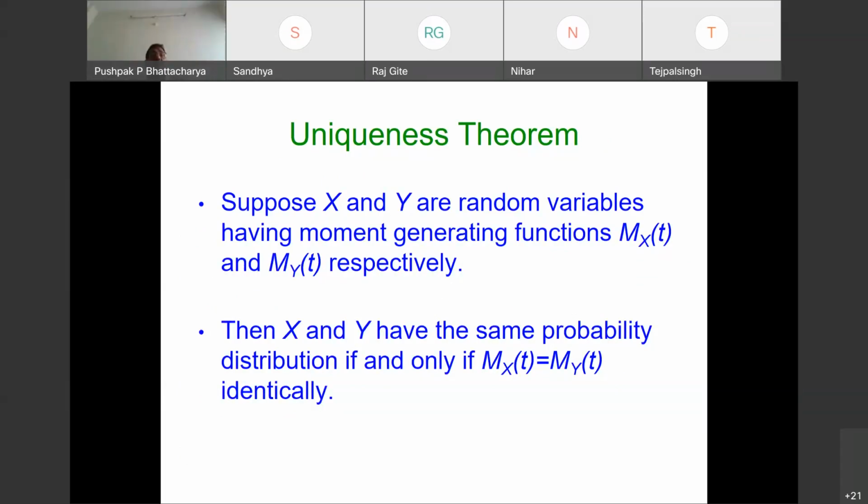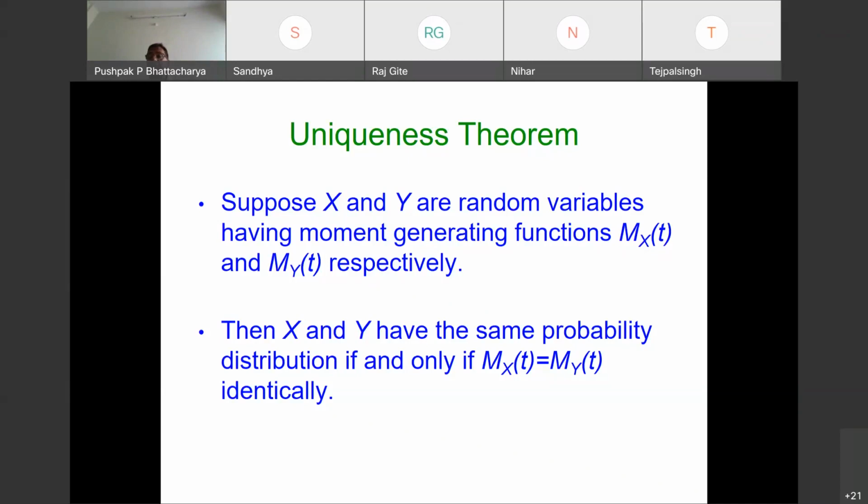So moment generating function, we have spent quite a lot of time in the last lecture giving examples of moment generating function in two cases: the discrete case, throwing of dice, and for standard normal distribution, where the mean is 0 and standard deviation is 1. So moment generating functions being equal makes the distribution equal, and vice versa.